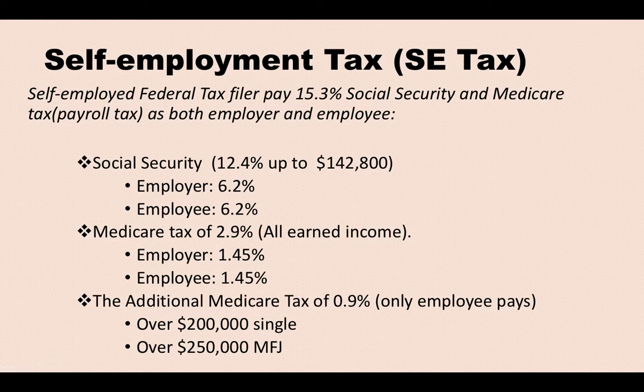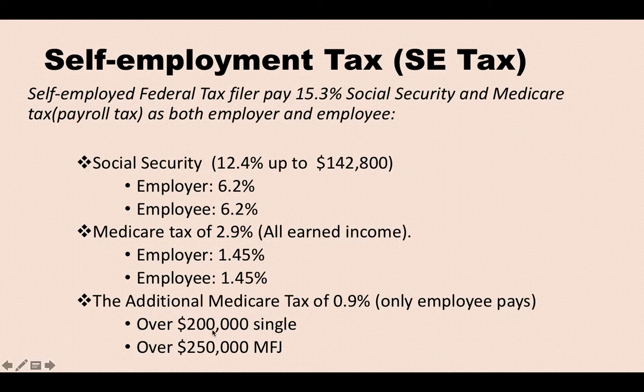There is also an additional Medicare tax, which is 0.9%. This is in addition to the 1.45% Medicare tax, and only the employee pays it. For you self-employed, you only pay 0.9%.